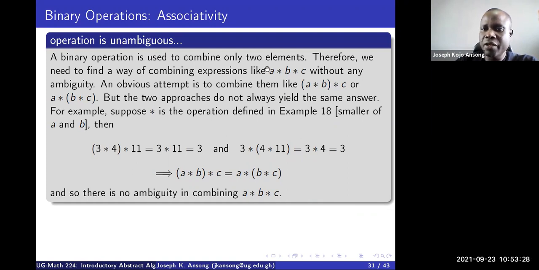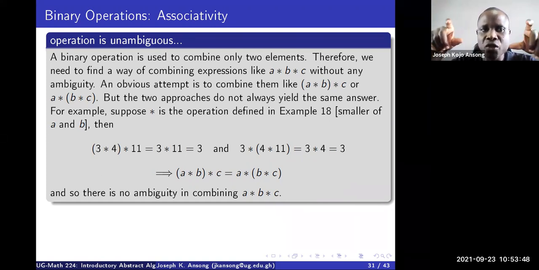Do I do A, B first, or do I do B, C first? These are the two ways you can do it. You can do A, B first, then operate the result on C, or you can do the other. But the two approaches don't always yield the same answer, okay?